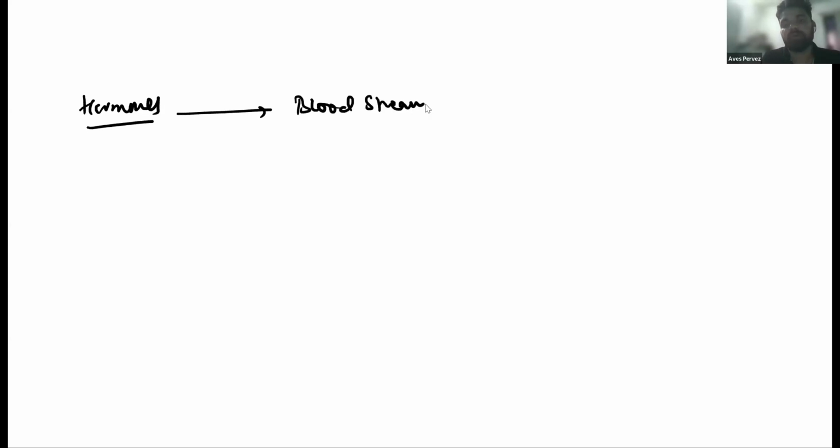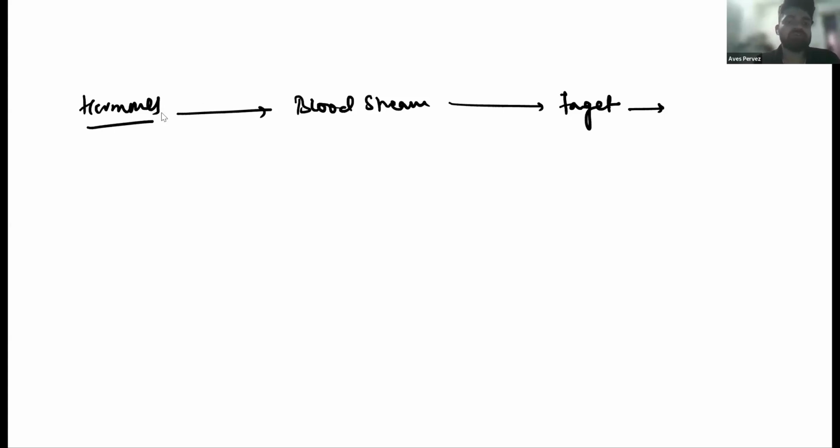The endocrine system does the chemical coordination by secreting hormones. These hormones are mixed with the bloodstream and reach the target organ, and thus maintain control and coordination.